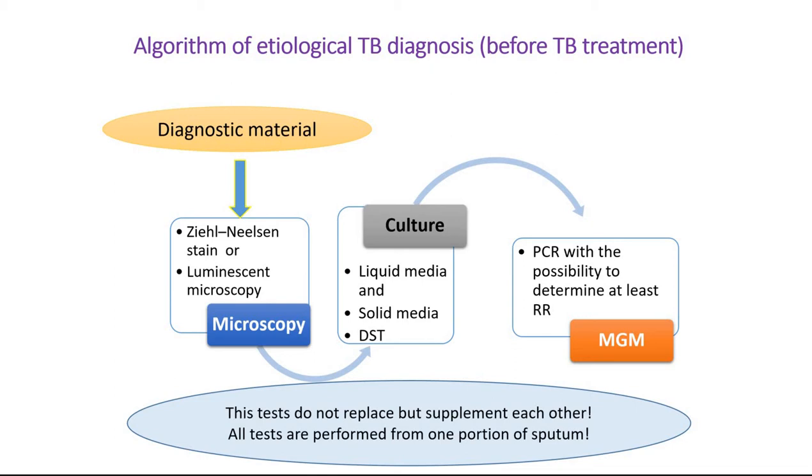First microscopy, second culture, and third molecular genetic tests. We will speak about all these parts later, and you have to know that these tests do not replace but supplement each other, and all tests are performed from one portion of sputum.